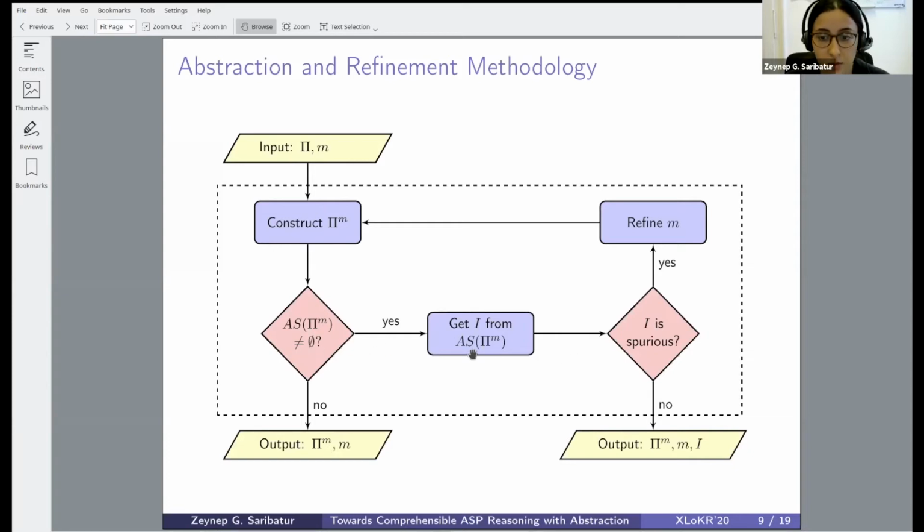If yes, you get the answers, and then you check whether it's spurious. If it is not spurious, then you're done. You have an abstract program, the mapping, and the non-spurious answer set. But if it is spurious, then you refine the mapping, construct a new abstract program, and continue. This continues until either you reach a program which doesn't have an answer set, or you find a non-spurious solution, or you reach the original program.